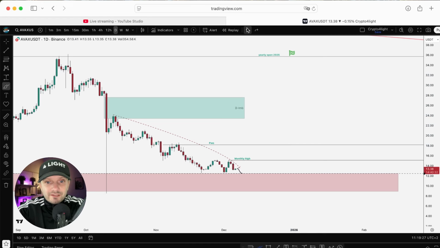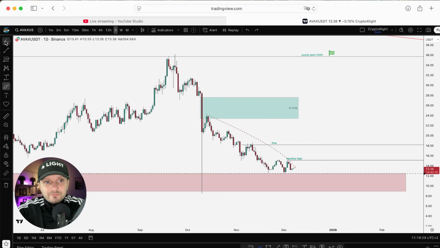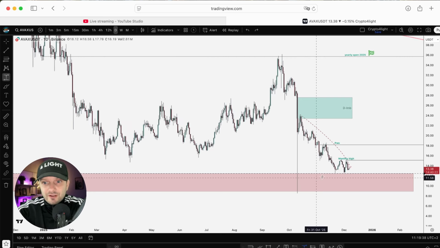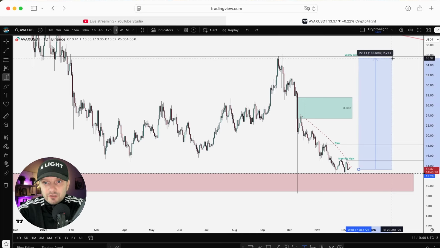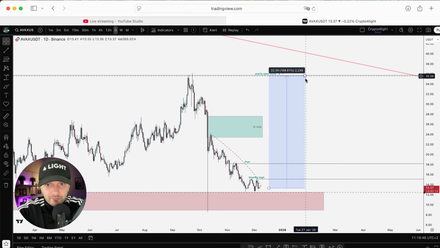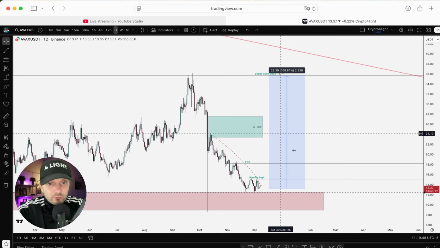So technically, I can say the Avalanche performed pretty well, because this was the yearly open of zone 25, like 35.65, and we are down 168%. Yes, once again, I understand what I'm talking about, because people count the downtrend totally wrong.